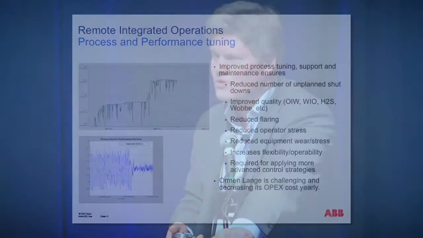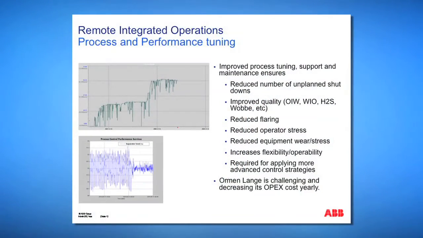And then, of course, making sure that you have better throughput, so that the process is tuned to make the most out of the mechanical equipment, the tanks and the separators, and what you now have on these plants. So really the quality of the process is regulated also remotely.